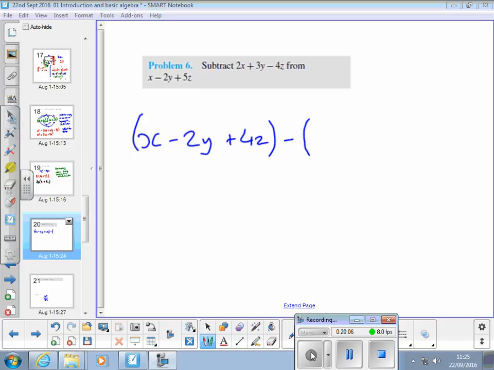Yeah. X minus x. It's this side subtracted from that side. X minus 2x is minus x. Next bit.